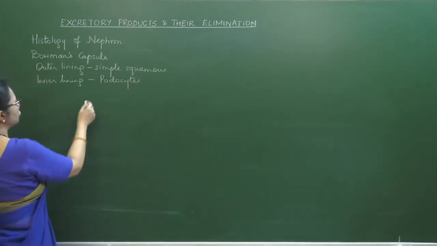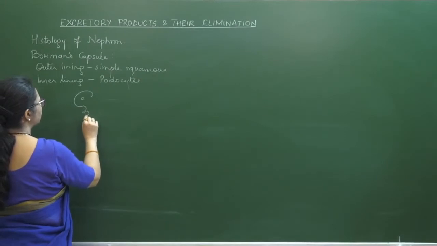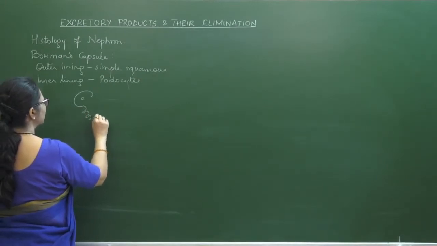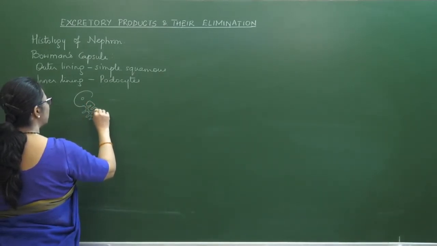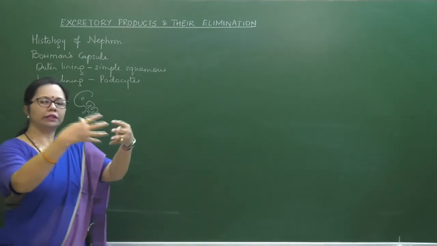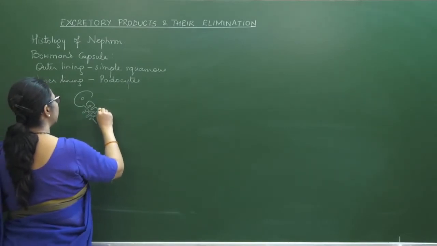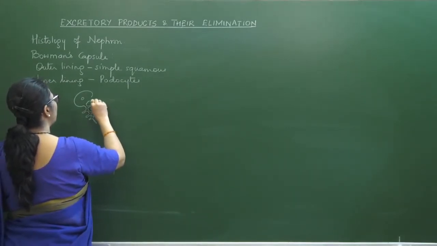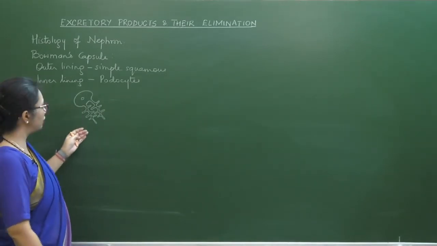Now podocytes, you see, these are cells which are giving off number of processes which are further branched out. This is how the cell is there, and these processes you can see just like we put our fingers together, that is, it's called interdigitation. So these are interdigitating, and these are surrounding the capillaries, you see. So the glomerular capillaries, we'll see, they are surrounding.